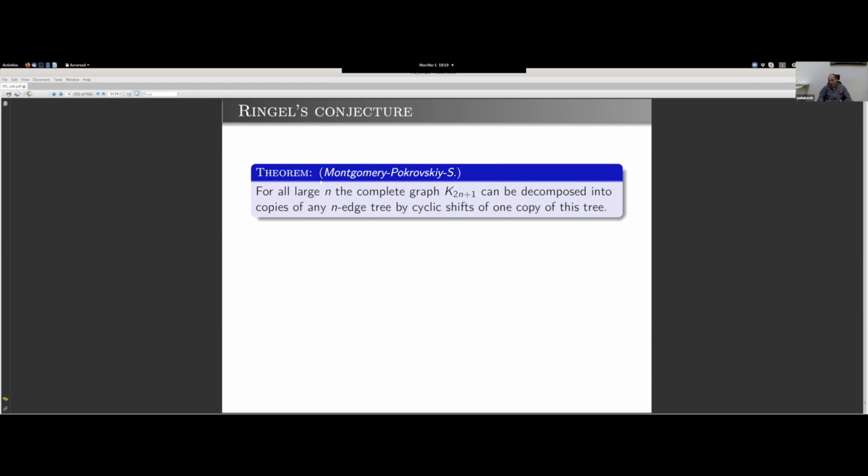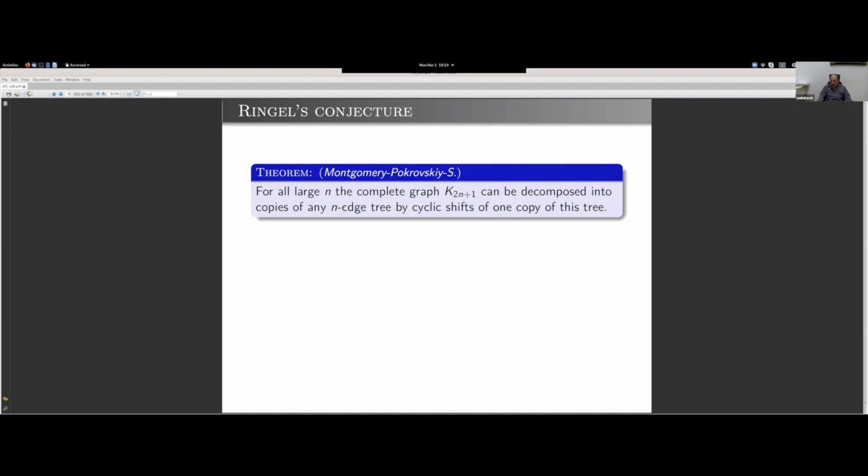So actually, this result gives a little bit more, which was also conjectured by Kotzig: you can tile the complete graph on 2n+1 vertices by a tree with n edges, right? n+1 vertices.